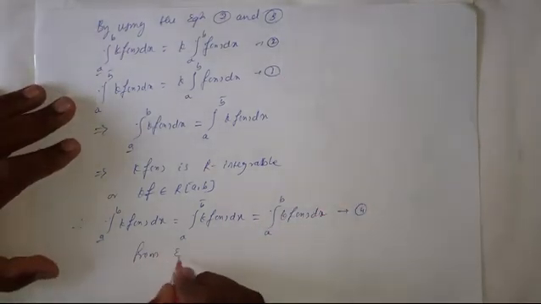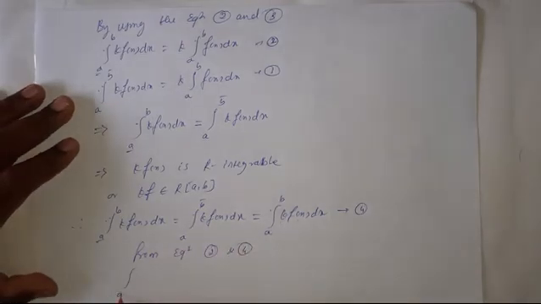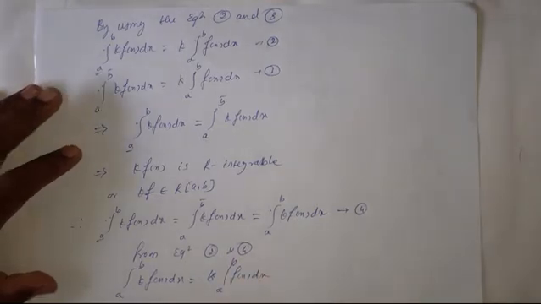So now here from equations 2 and 4, integration over a to b k into f of x dx is equal to k into integration over a to b f of x dx.